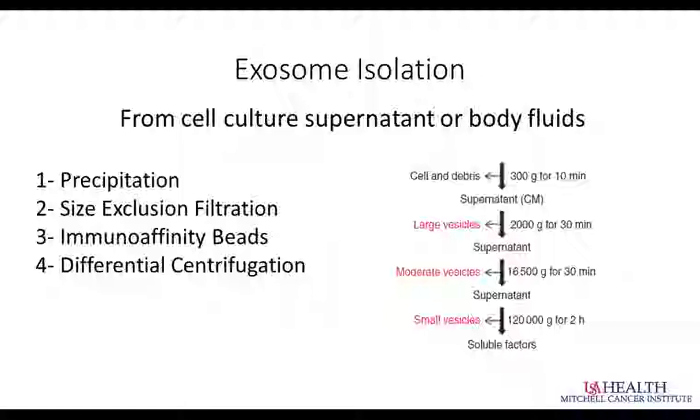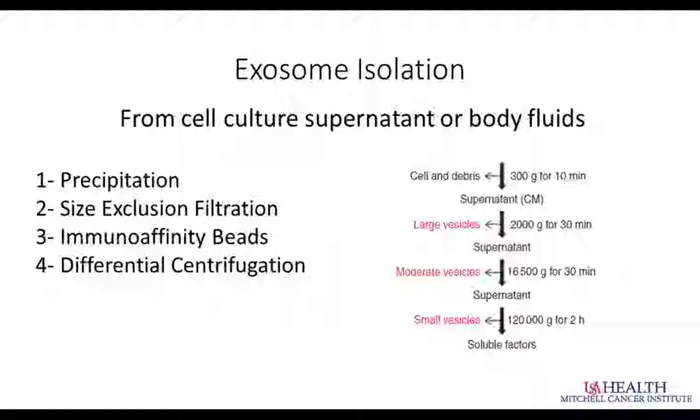Back in the olden days, when people first started trying to do flow cytometry, immunoaffinity beads were really the way that everybody did this. So small magnetic or polystyrene beads coated with specific antibodies that bind exosomes. We'll talk a little bit more about these markers later, CD9, CD63, and CD81, that capture and localize the exosomes onto the beads.